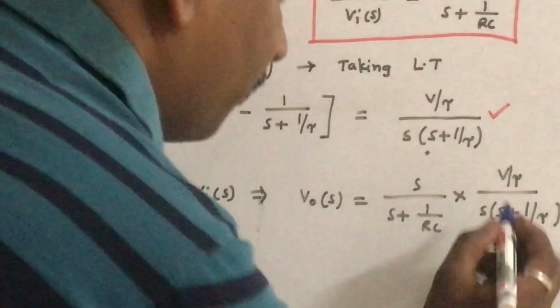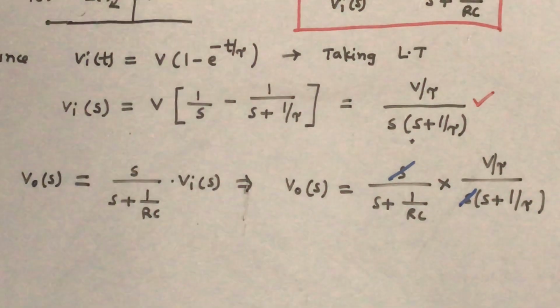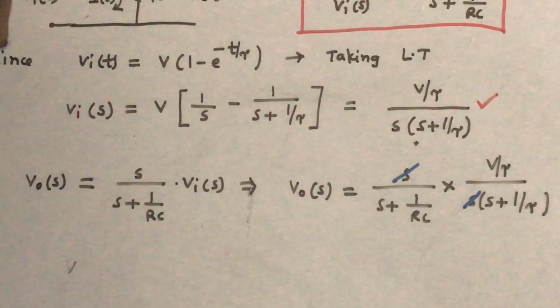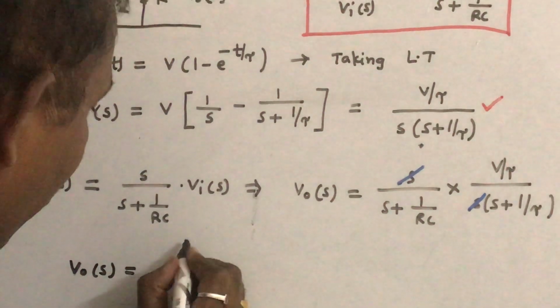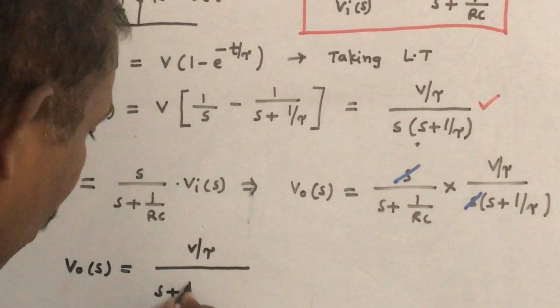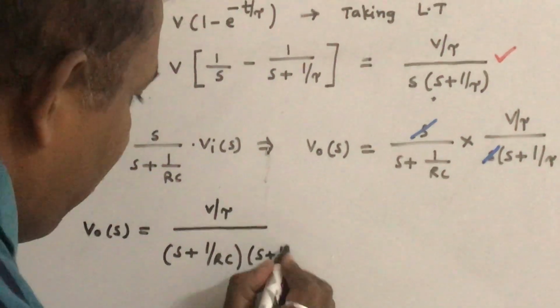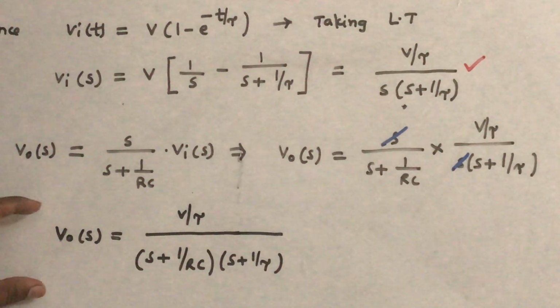Cancel out S and S. Therefore V0 of S is given by V by tau divided by S plus 1 by RC into S plus 1 by tau. So this is the V0 of S.